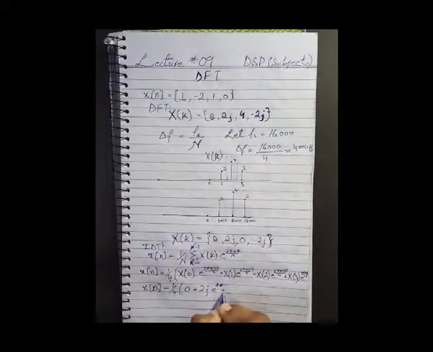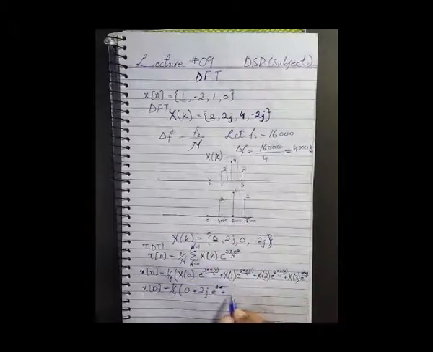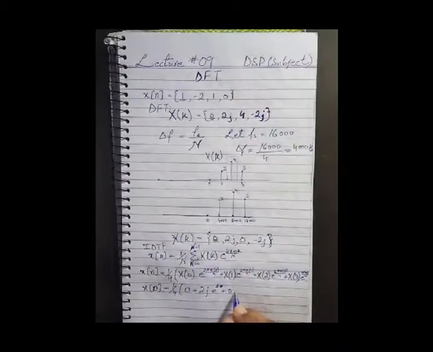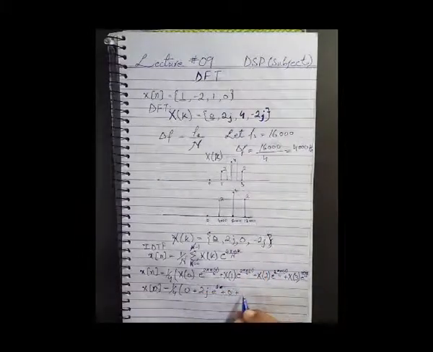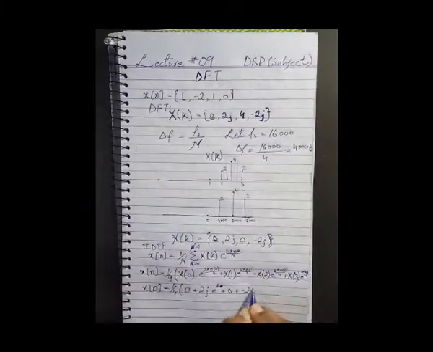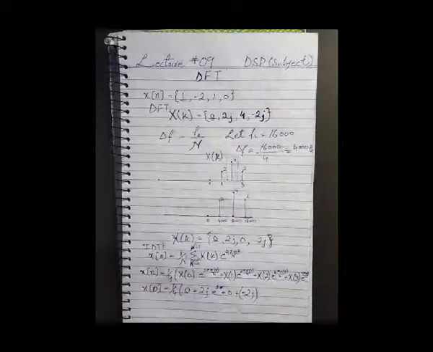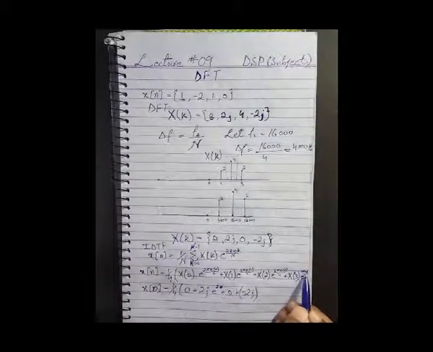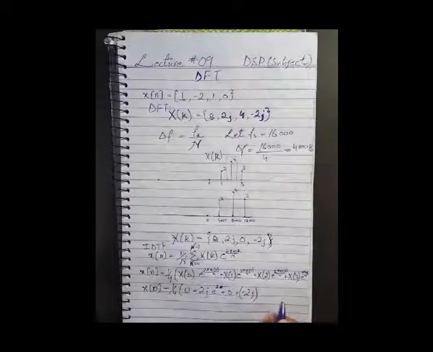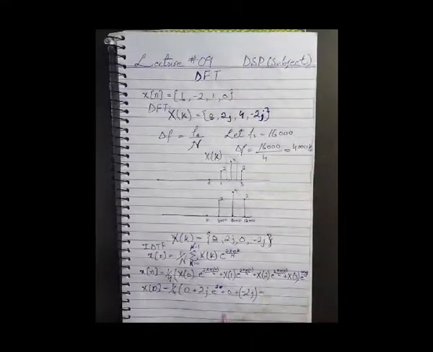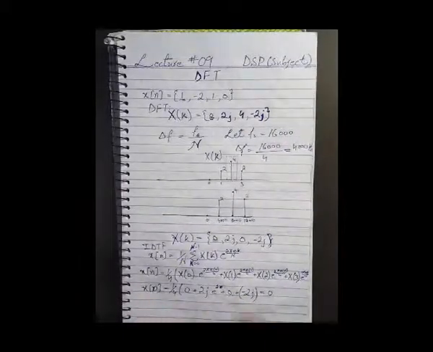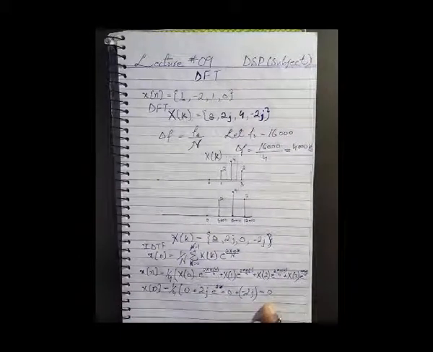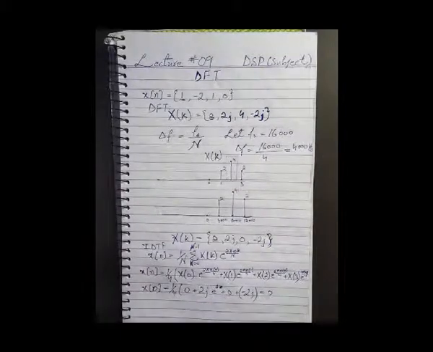Now plus x of 2, again we have 0, so this term becomes 0, plus x of 3, we have minus 2j, and here n is 0, so this term becomes 1. By simplifying, we will get x of 0 is equal to 0.